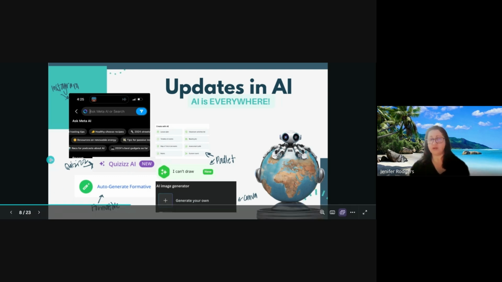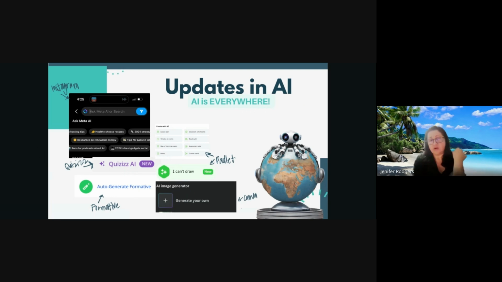Formative is the same way. You can use Formative to auto-generate an entire quiz or lesson. And then of course you, as the expert, with the professional expertise of your teacher education and experience, go in and look at what it creates and adapt it for your students, for your classes, for your content, so you can't rely on it 100%, but it does save a lot of time in the initial generation.